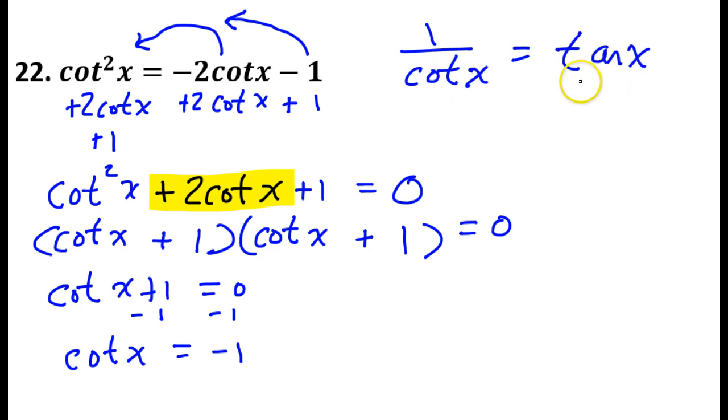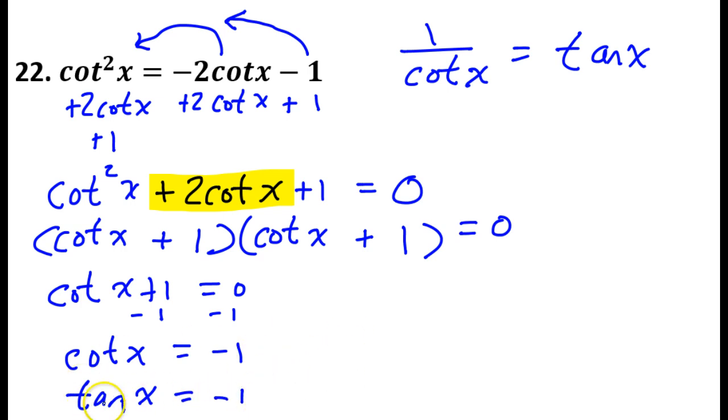These are reciprocals of each other. So if I take the reciprocal of both sides of the equation, which I'm allowed to do, the reciprocal of cotangent is going to be tangent, and the reciprocal of -1 is still -1.